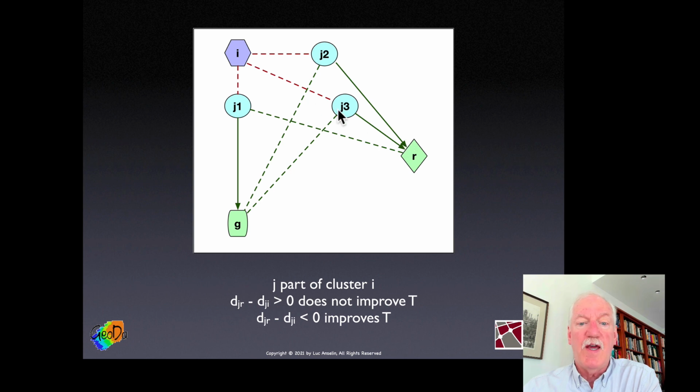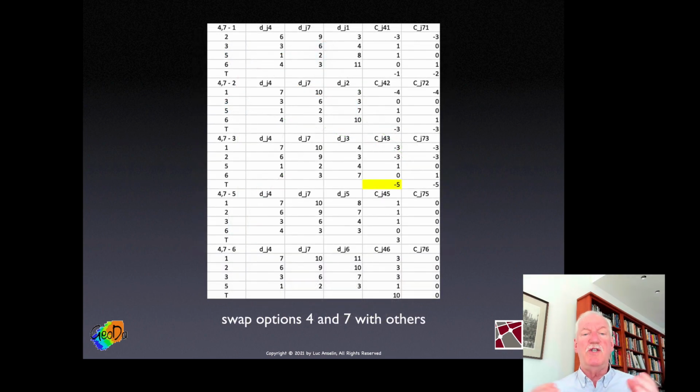And then the third case is the opposite, where J gets assigned to R, but is actually closer to R than to I. So here we improve on the objective function. So in the swap method, we keep track of all these changes and then pick the one that gets the most negative improvement, the largest decrease in the total distances, the total travel cost, if you wish.